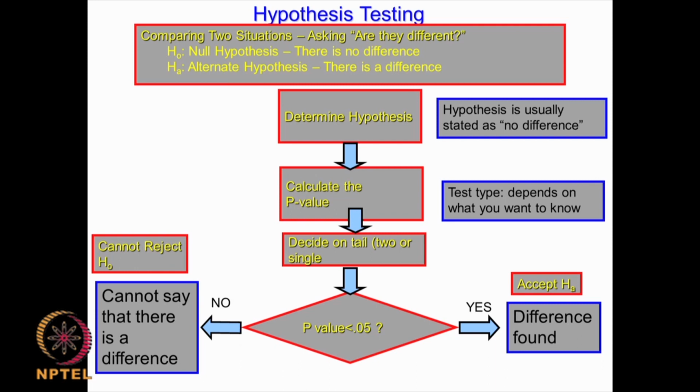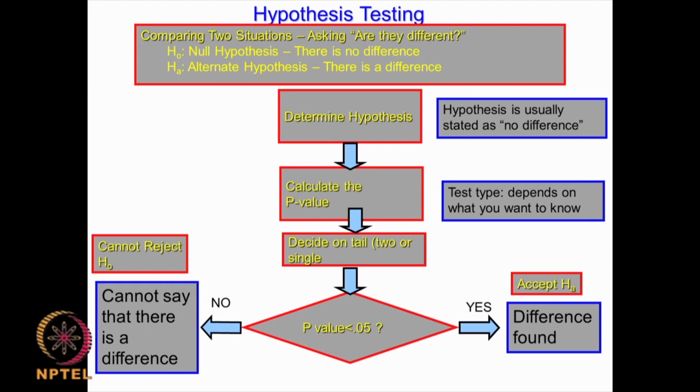Then you can also have another situation where, instead of just saying different, the IQ average of class A could be better than the IQ average of class B. That is, we are comparing only the better part of it, or the IQ average of class A is worse than that of class B, and we are then comparing only the worse part of it.